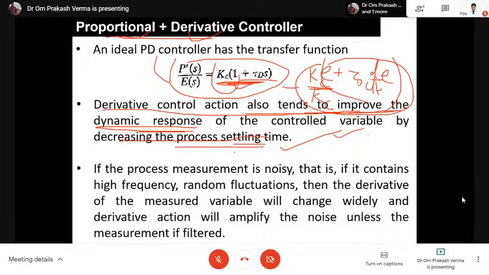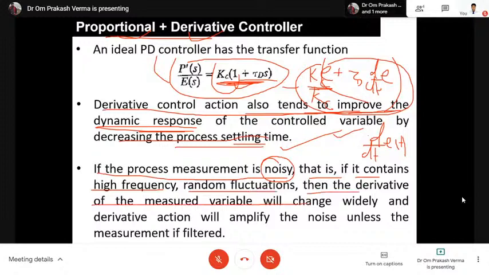Since the term tau d s is defined with the help of derivative terms, if there is any noise in the system, the process measurement is noisy. That is, if it contains high frequency random fluctuation, then the derivative of the measured variable will change widely.